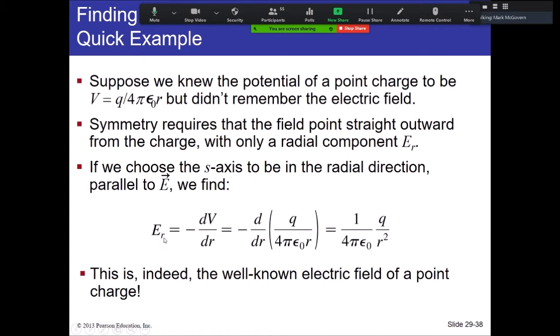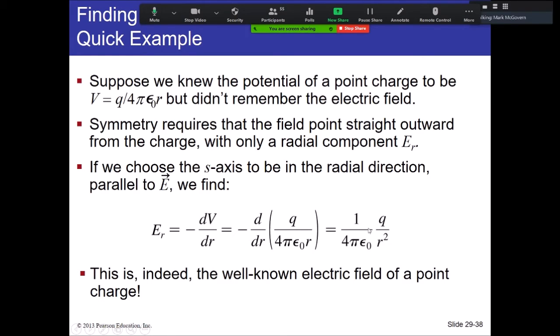So the electric field along the r direction is going to be given by minus dV dr. We put in our expression for the potential as a function of r and take that derivative. There's a negative that goes out to the front. We subtract off 1 and we get a 2 down here, because remember these are negative exponents. And we end up with the expected electric field of a point charge. So that works out very nicely.